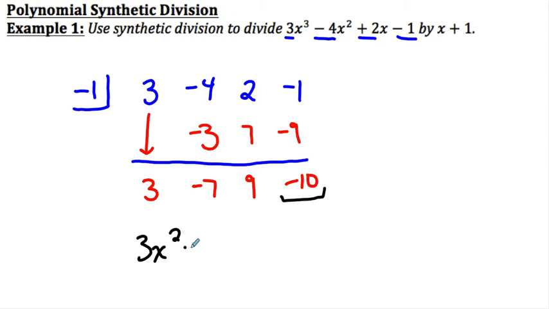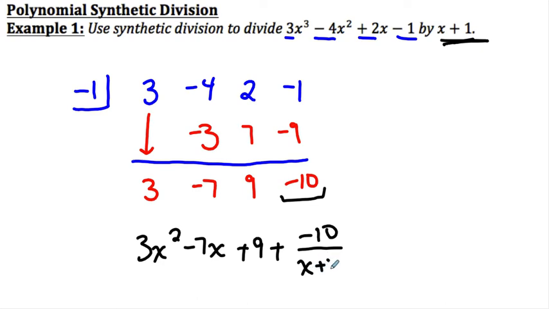Minus 7x plus 9 plus, and then our remainder, which was negative 10, divided by what we started with, which would be on the outside if we did this using long division like we did yesterday. So there's some extra stuff in there. Let me back up.